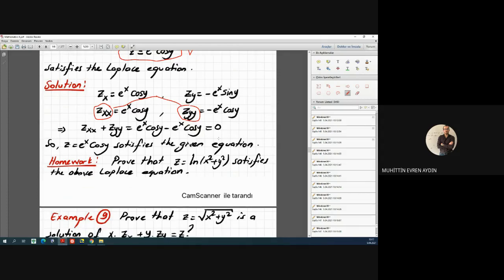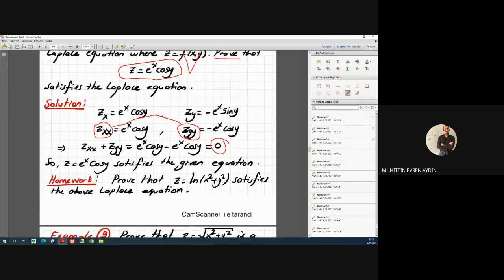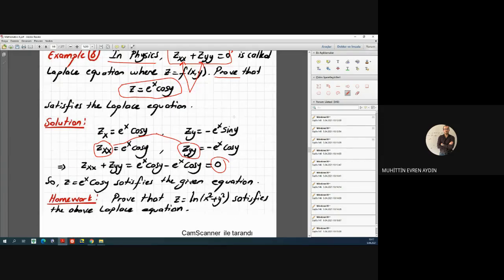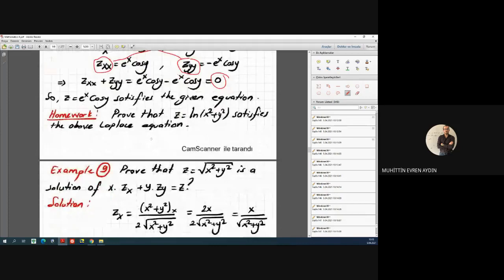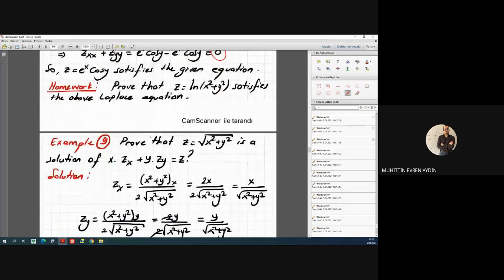You can easily check 0 equals 0, which means that this function is a solution of Laplace equation. You can check by yourself, this function also is a solution of Laplace equation.